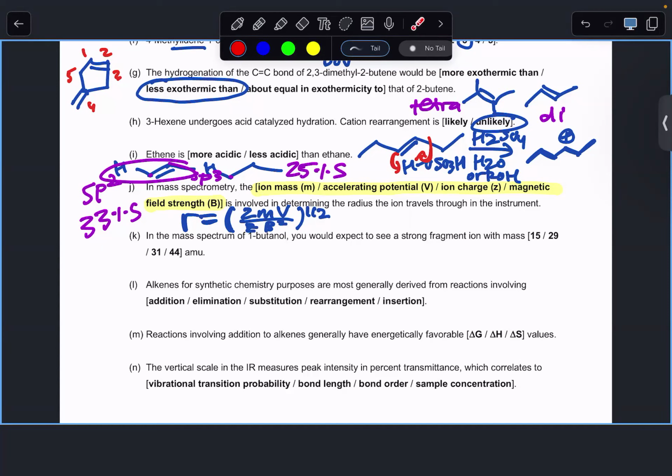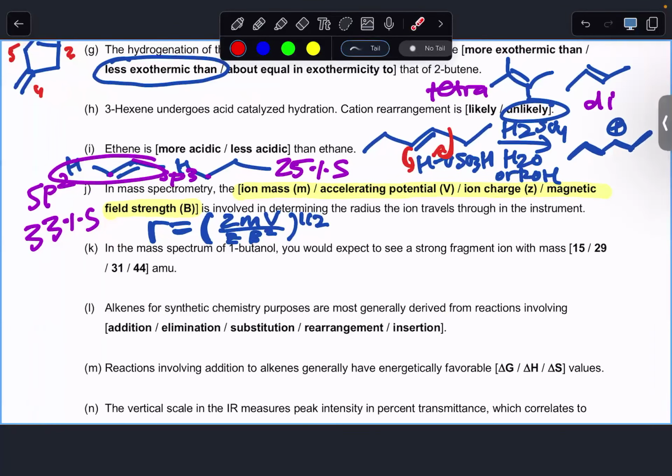So what do each of the values mean? Each of these values here would mean, let's say, the ion mass is the mass of the fragment. Because in mass spectrometry, we have a parent molecule and we ionize and cut that molecule into fragments. And do you know what kind of charge the mass spectrometry reads? Positive charges, right? So the ion mass here is going to be the mass of the cation fragment.